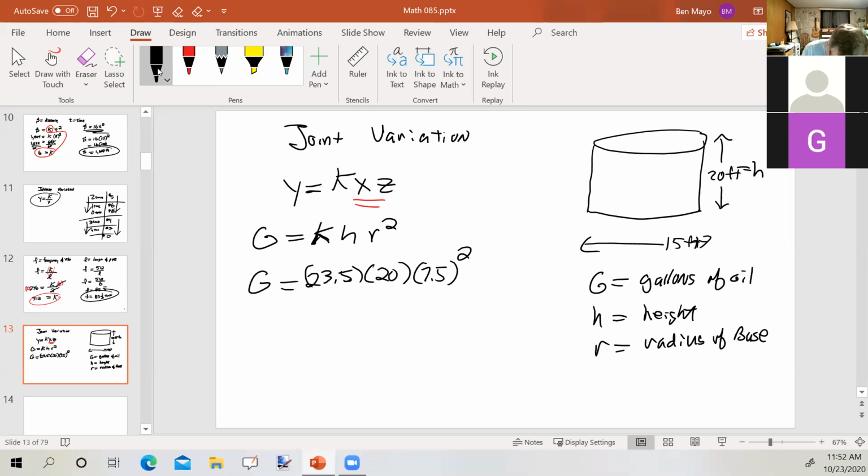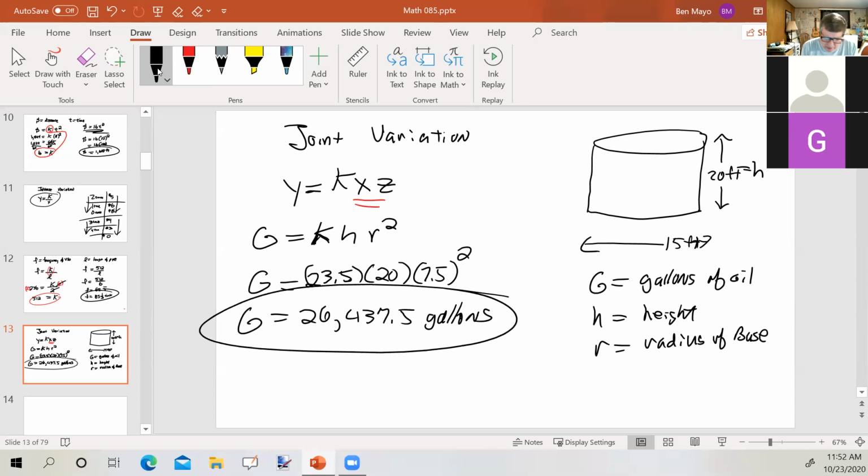And I'm getting 26,437.5 gallons. So this tank will hold 26,437.5 gallons of oil. And that's an example of joint variation. You all right with that? Yeah. Okay.